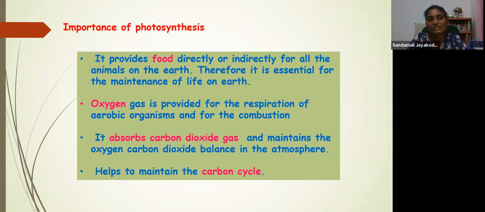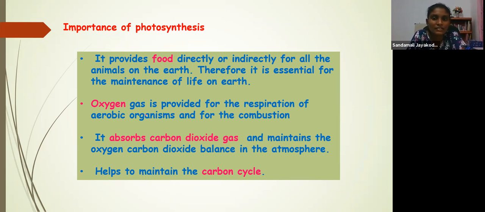And finally, I'm going to tell you what the importance of photosynthesis is. As I told you at the beginning, it provides all the food directly or indirectly for all of the animals on this earth. And therefore, it is essential for the maintenance of life on earth.